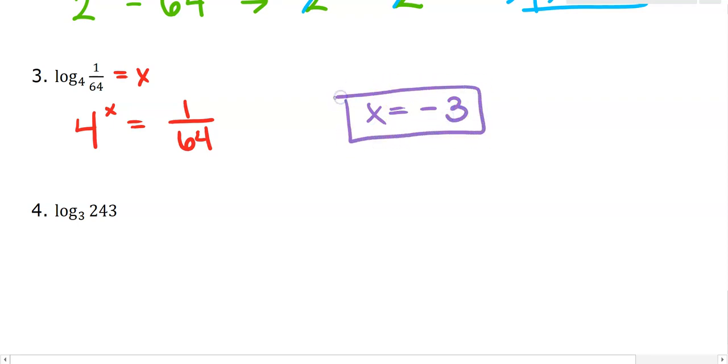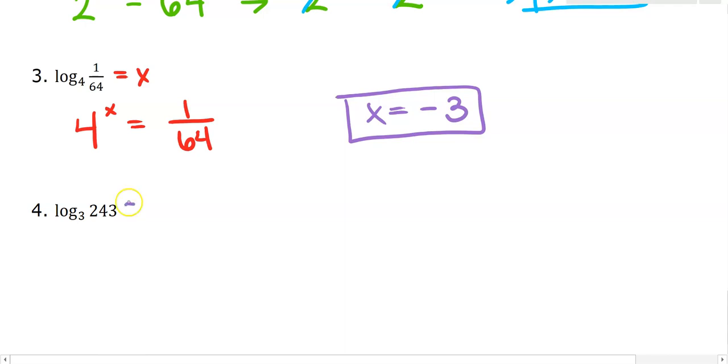Now, if you actually typed in your calculator 4 raised to negative 3, you're probably going to get a decimal of some sort, but it should match. If you took 1 divided by 64, those two decimals should match. The other thing you can think of is 4 to the 3rd power would be regular 64, so then to get the fraction, you just have to make that number negative.